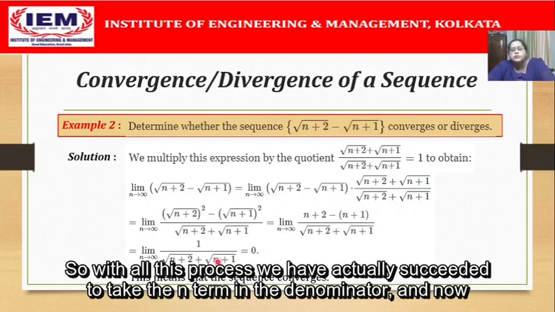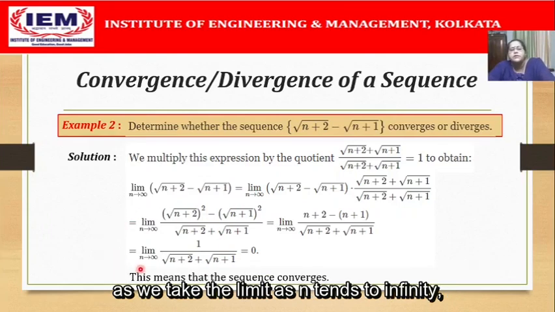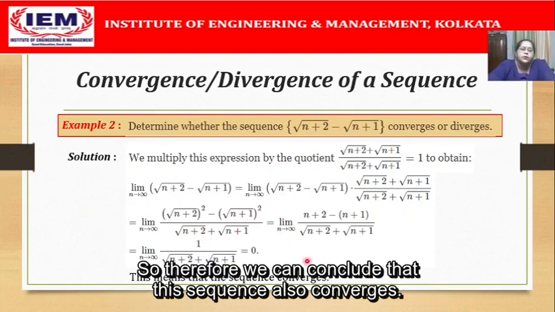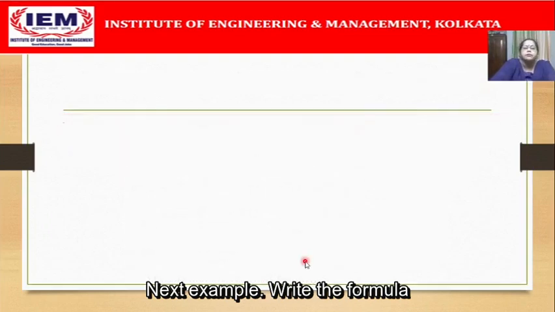With all this process, we have succeeded in getting the n term into the denominator. And now as we take the limit as n tends to infinity, obviously the limit is 0. Once again, a finite number. So therefore, we can conclude that this sequence also converges. Next example.